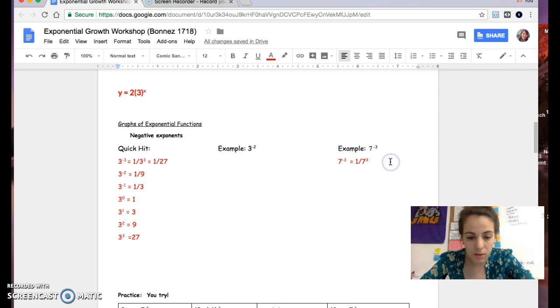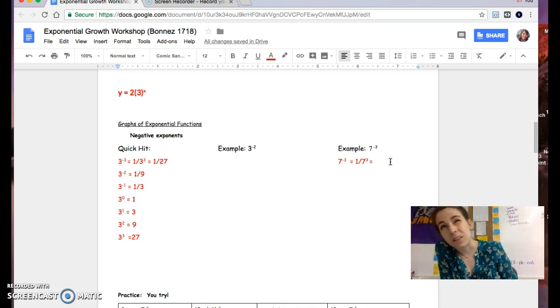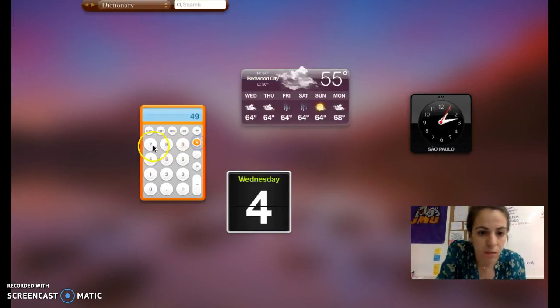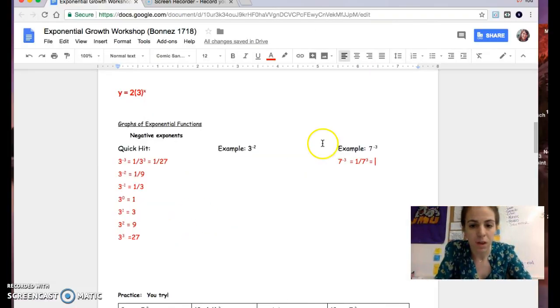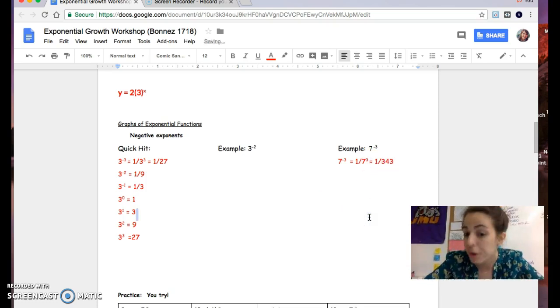You can write it like that, and then you can also just go ahead and write what 7 to the power of +3 is. Well, let's think. 7 times 7 is 49, and then 49 times another 7 would be 350 minus 7. I think that's 343. Let me check. 7 times 7 times 7. Yeah, 343. Okay, 343 is going to be your denominator, so you're going to say it's 1/343.